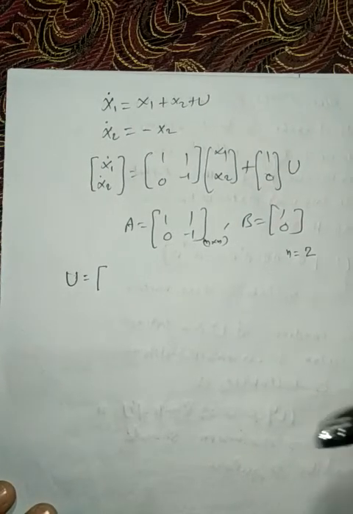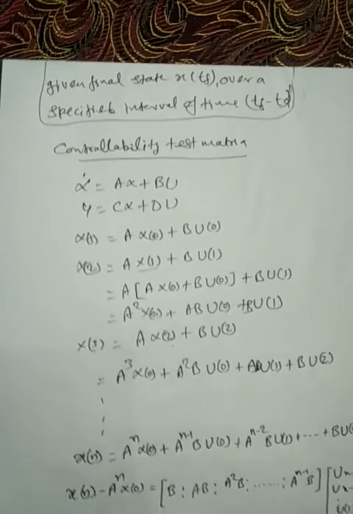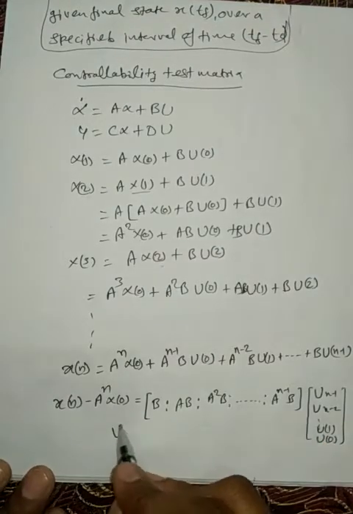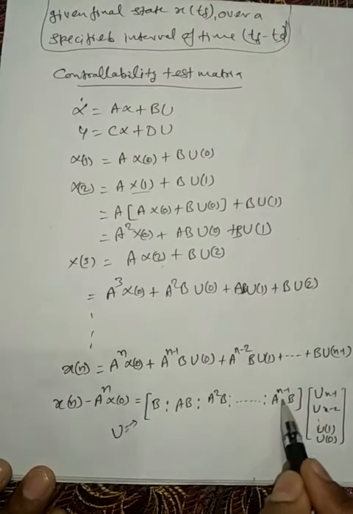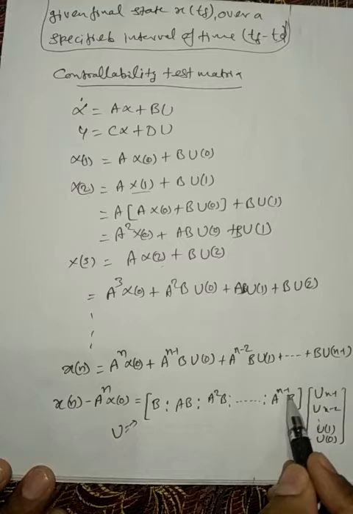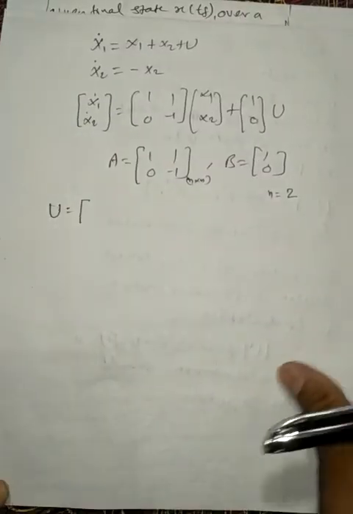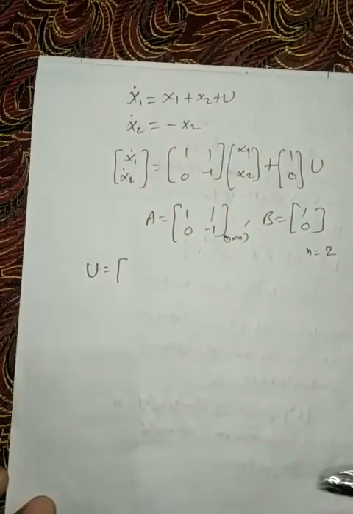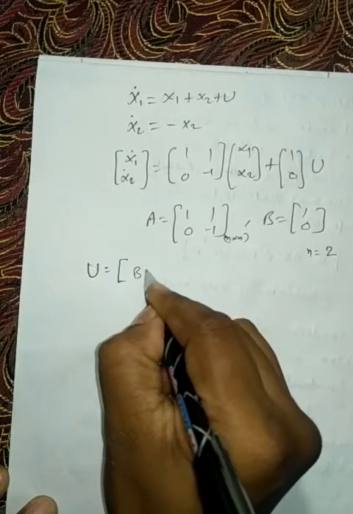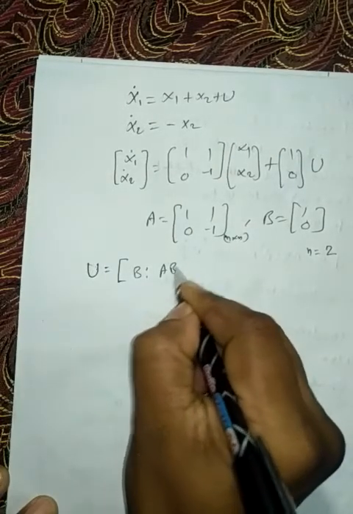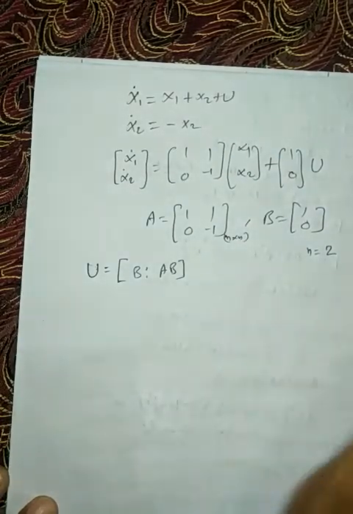If n is equal to 2, this U matrix will go up to A raised to n minus 1, which means A raised to 1, because n is equal to 2. So U matrix will be B, colon, AB, right?